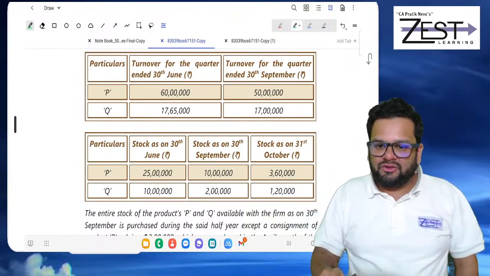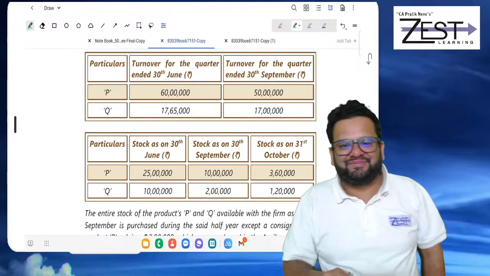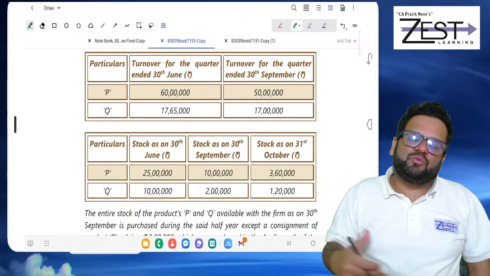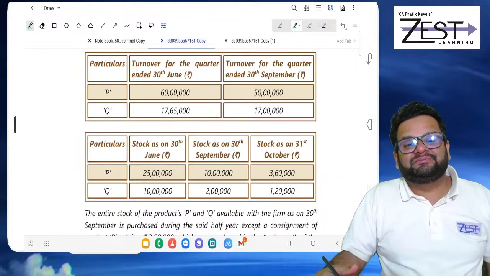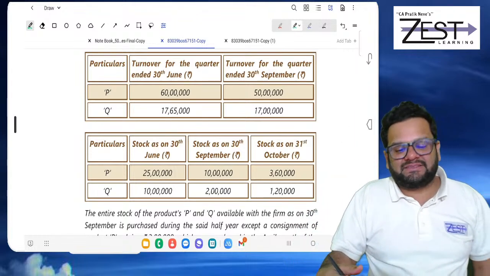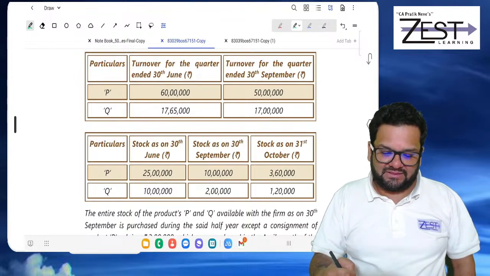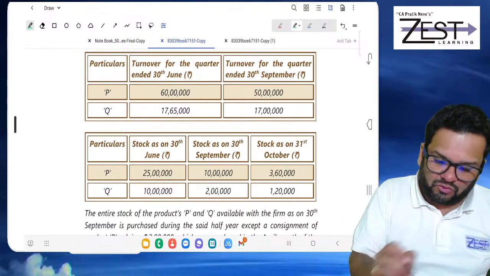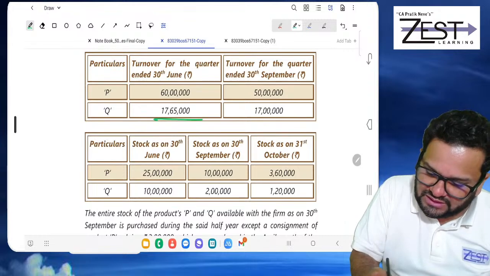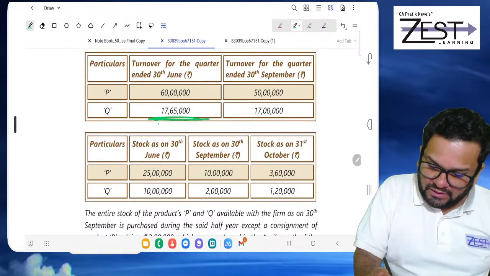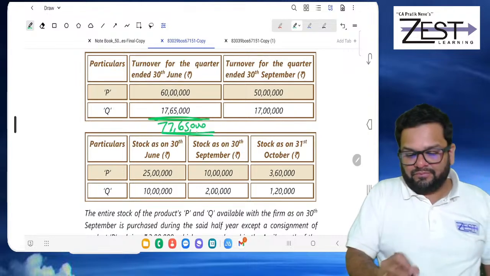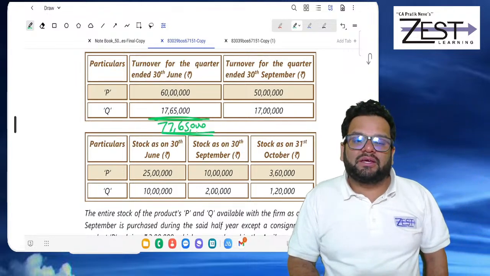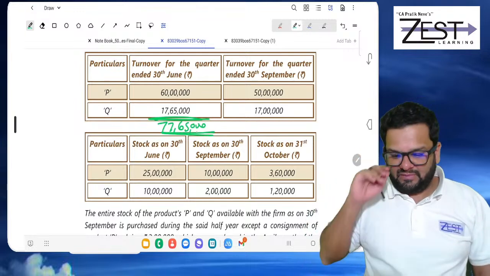Your composition scheme will lapse when your aggregate turnover exceeds 150 lakhs. Yes. So check, what was your turnover for the quarter ending June? Isn't it 77 lakh 65,000? You are still enjoying the composition scheme.